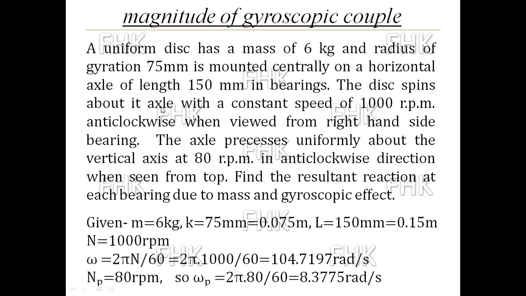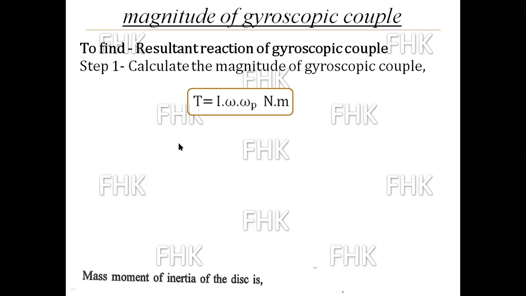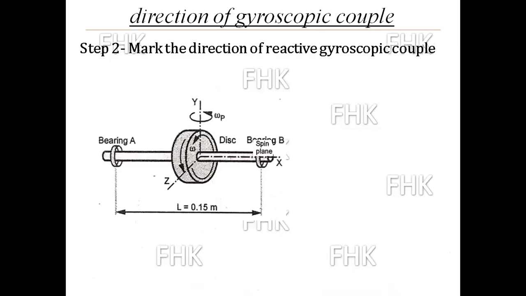Now in the problem statement, the disc spins about its axle with a constant speed of 1000 rpm anti-clockwise when viewed from the right hand side bearing. First we have to decide which is the right hand side bearing and which is the left hand side bearing. This is the isometric view of the mechanical system given in the problem statement.